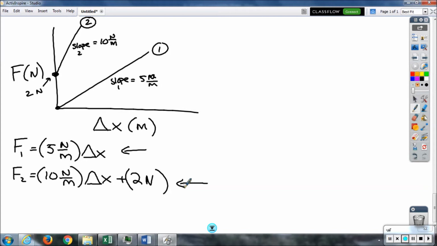So any force less than 2 newtons is not enough to begin to stretch that spring. Once you get it to that 2 newtons, then any force will stretch it after that. 2.1, 2.2, 2.3 newtons, but you have to at least apply a 2 Newton force in order to begin to stretch that spring. That's what we had called the loading force.